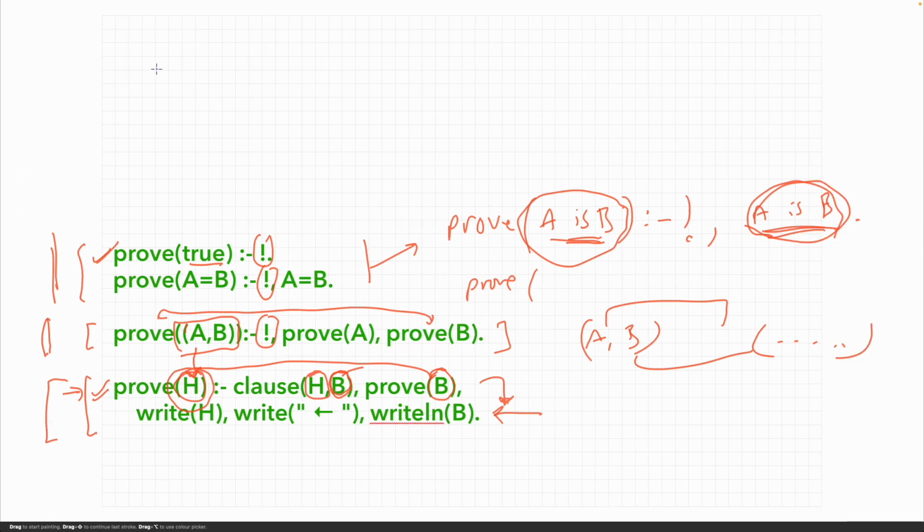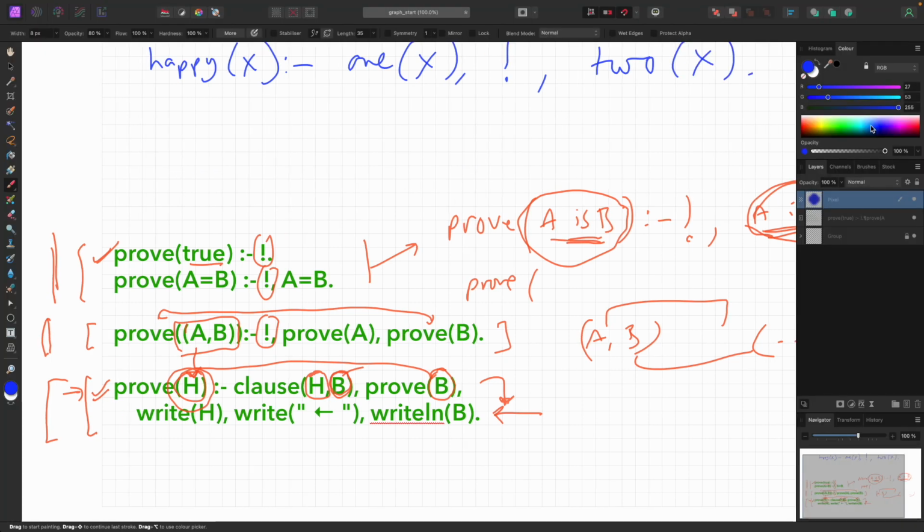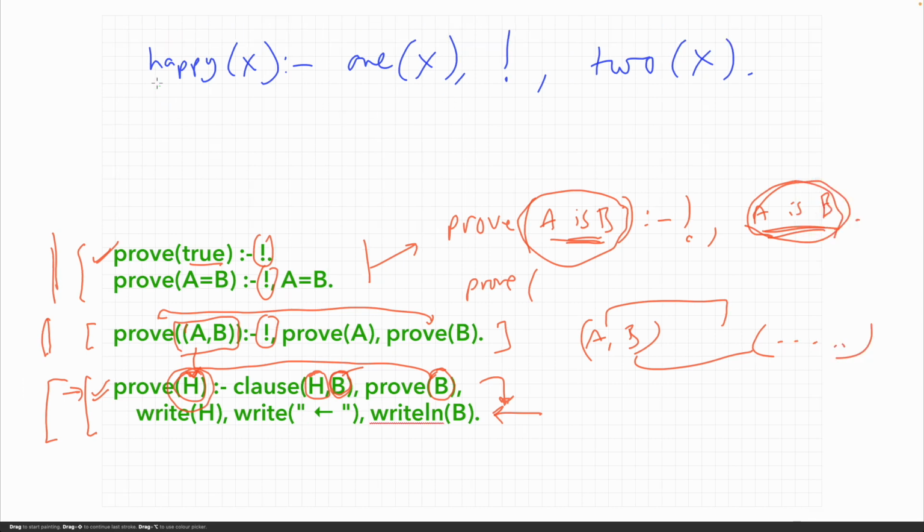So if I've got just a rule, I don't know, happy x, which is true if 1x is true, and there's a cut, and then there's another property there. Just speaking in generalities here, if we were meta-interpreting this, we try to prove this, which would lead us to the body of the rule, and then using this recursion, we chop off the head of this sequence and prove each goal.